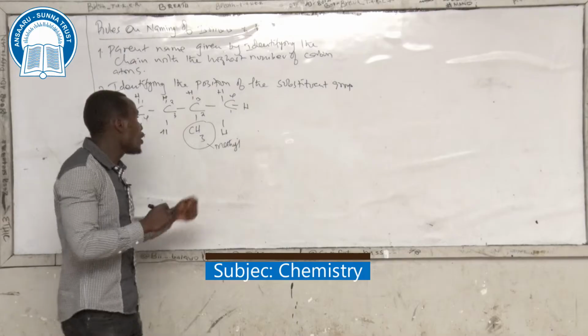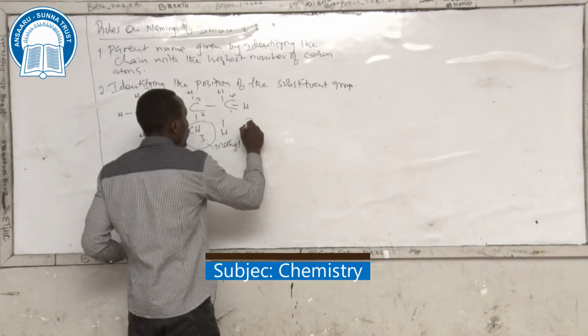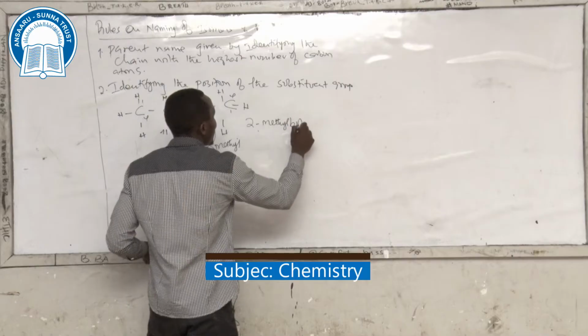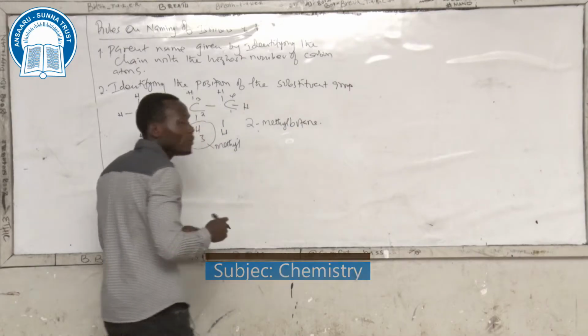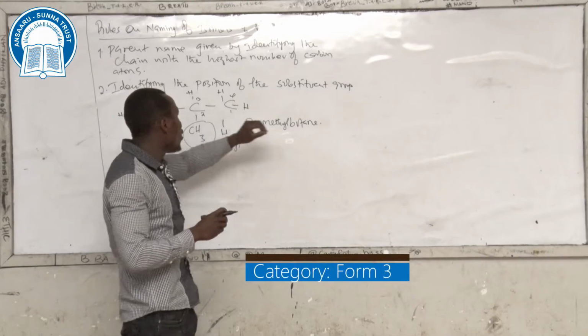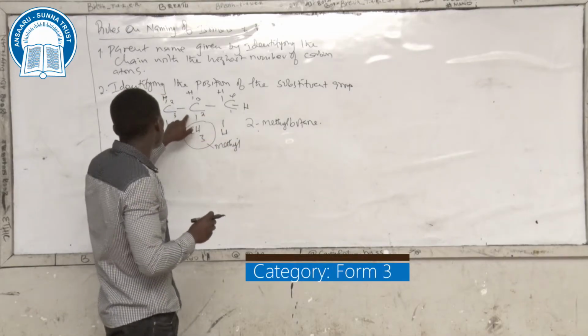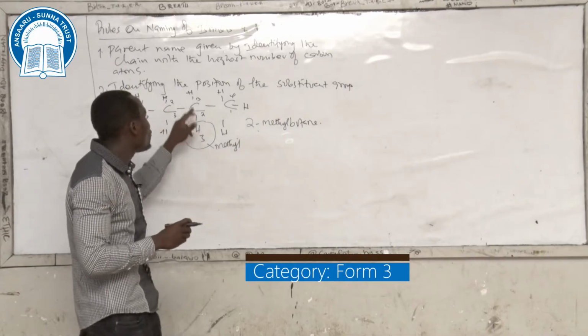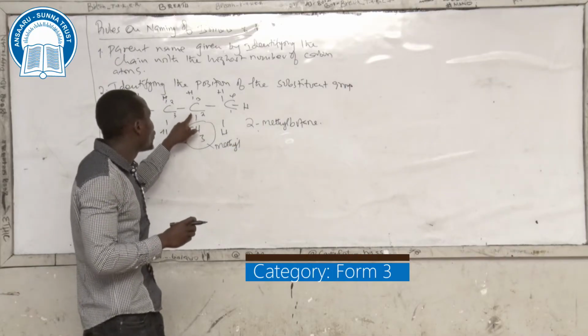Therefore, we name it 2-methylbutane. Butane is the parent name with the longest chain of carbon atoms, 1, 2, 3, 4, and we have the methyl substituent group found on carbon number 2.